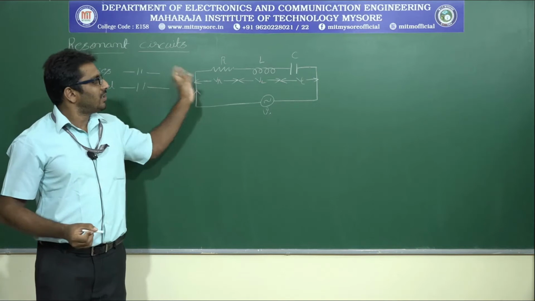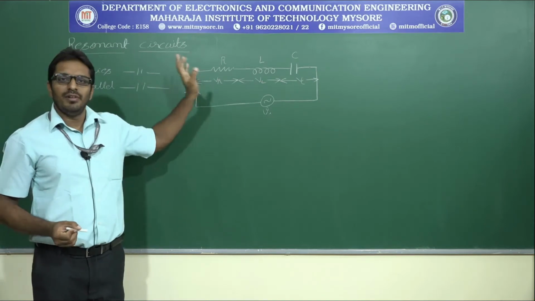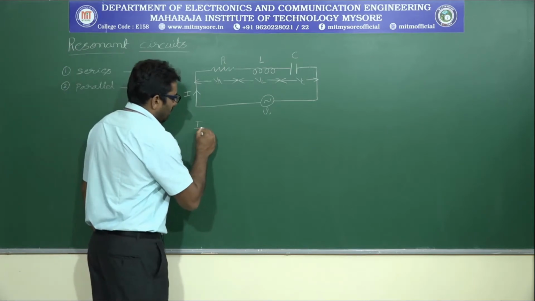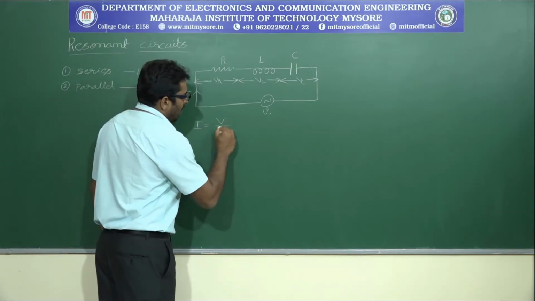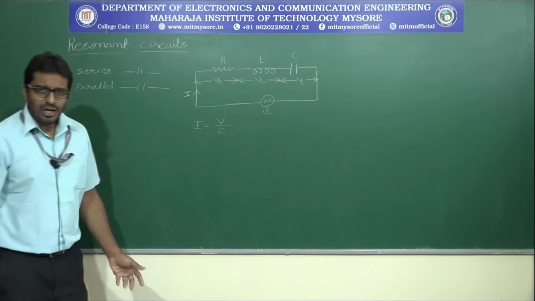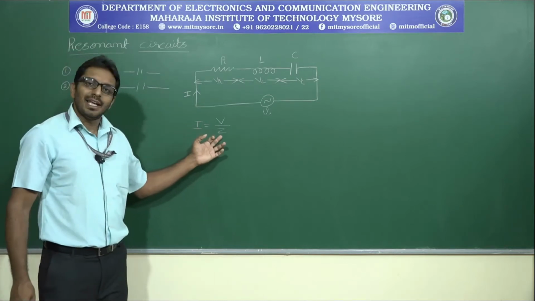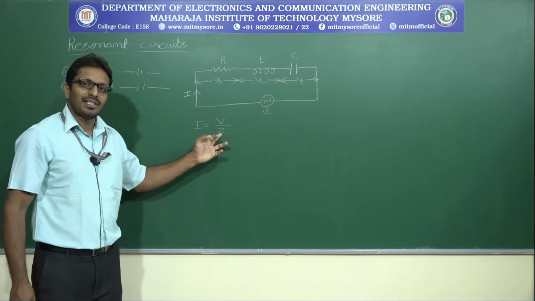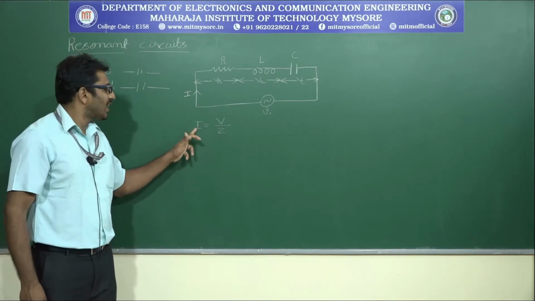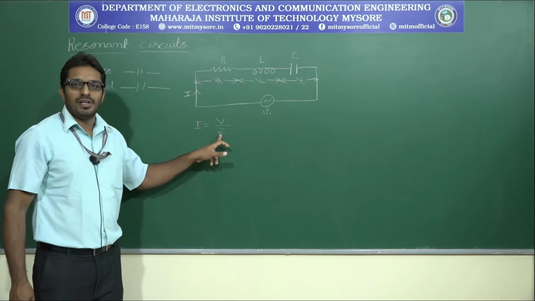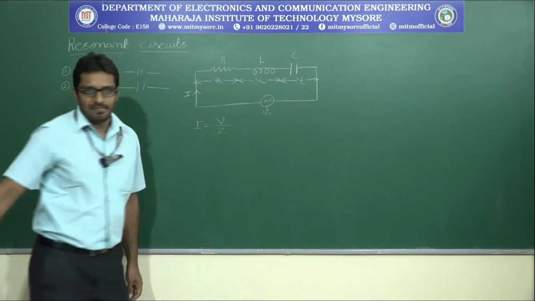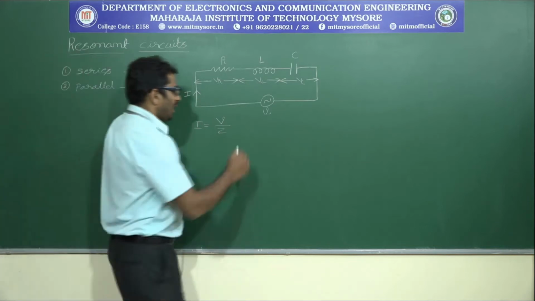In AC circuit, instead of resistance, we use impedance. Therefore, I is equal to V by Z. Obviously, when impedance increases, current decreases. When impedance decreases, current increases, because current is inversely proportional to impedance. This voltage is nothing but the AC supply.